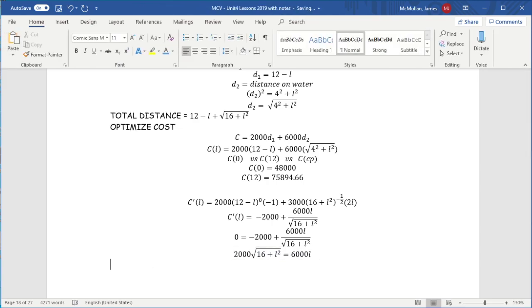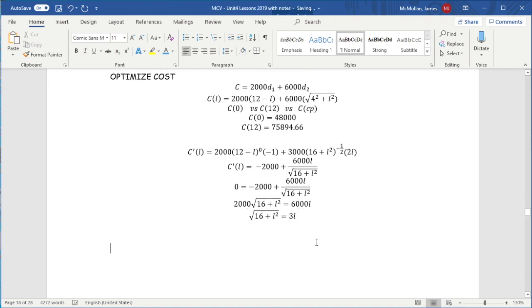Okay, so you see what I've done there. Then I'm going to divide both sides by 2000. If I divide this side by 2000, I'm left with the square root of (16 plus L squared). If I divide this side by 2000, I'm left with 3L.